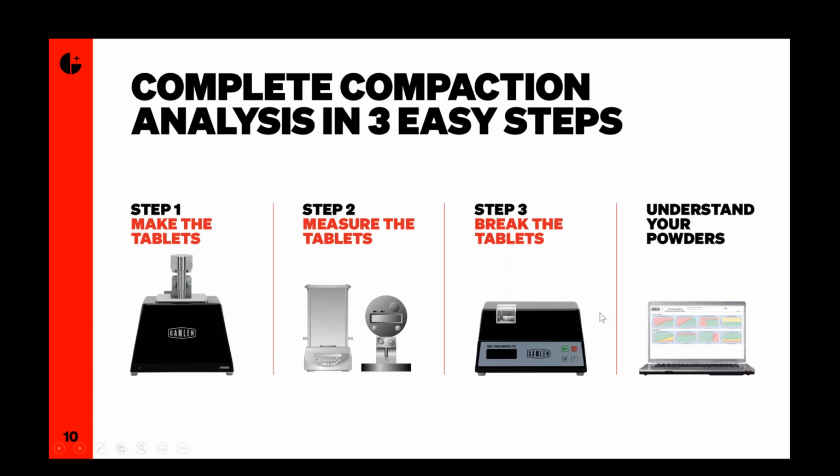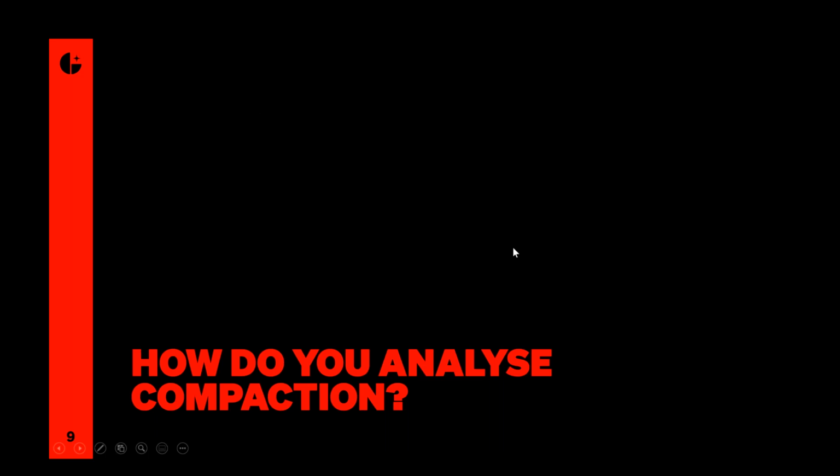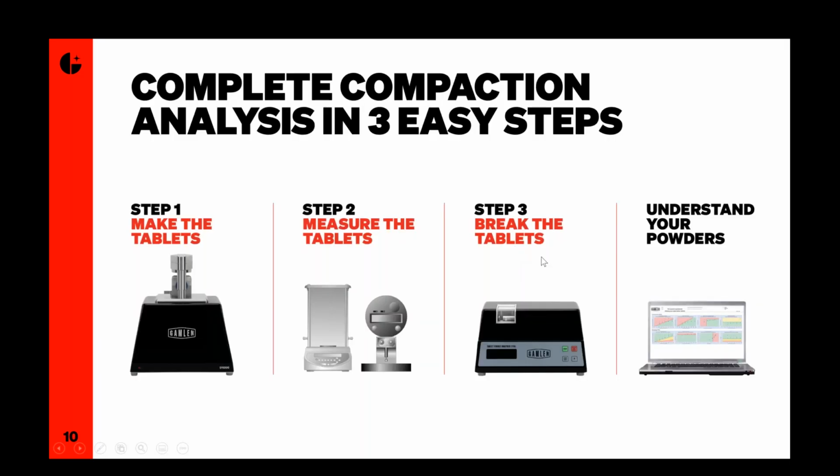If you take our accessories, they all link up with our software so that the data is all automatically captured and you don't have to carry out any data entry, but you are able to use your own micrometer or hardness tester or balance as you see fit. It's just a slightly different setup in the software. So that's an overview of how we analyze compaction.